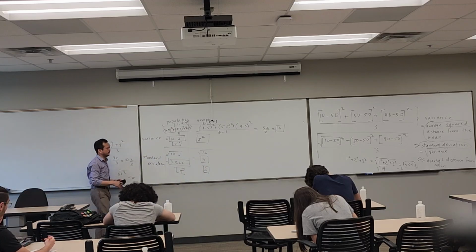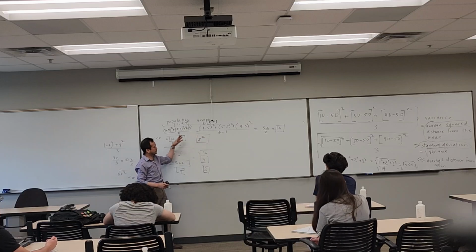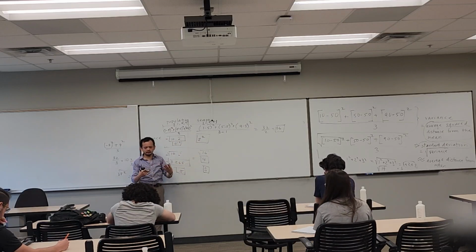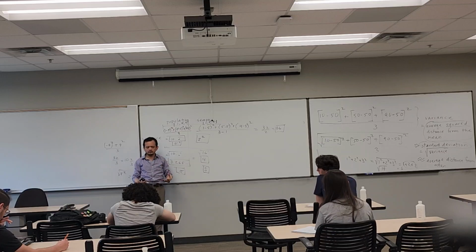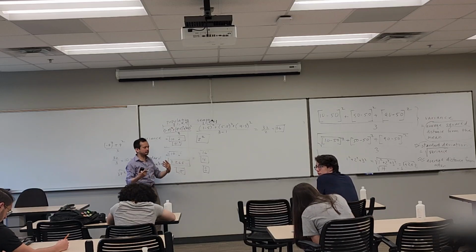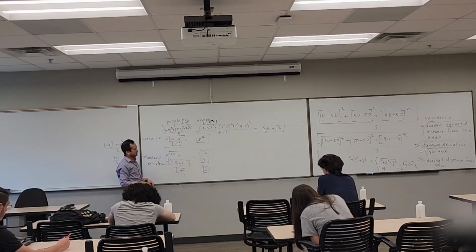So now that we've talked about how to calculate these measures of variation by hand and what they mean, let's go ahead and talk about doing it on a calculator. So if you have your calculator, go ahead and take it out.